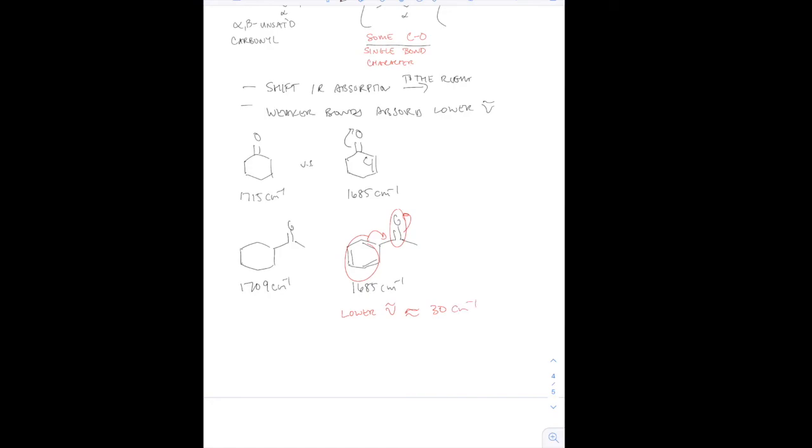And that's just something that we see that's very typical, so keep that in mind when you're looking at the absorptions.